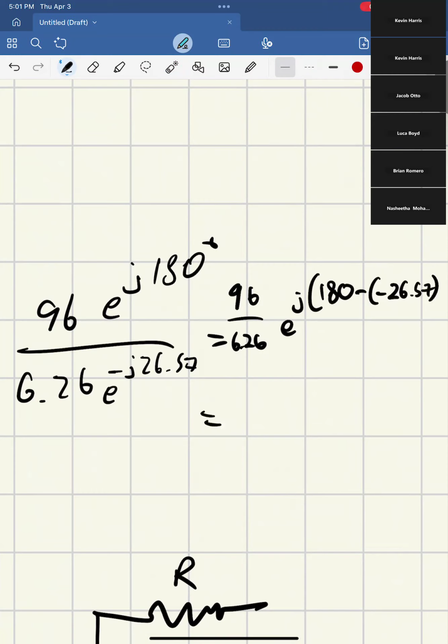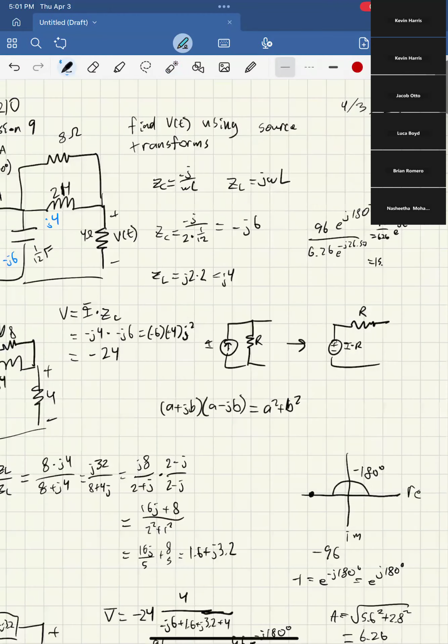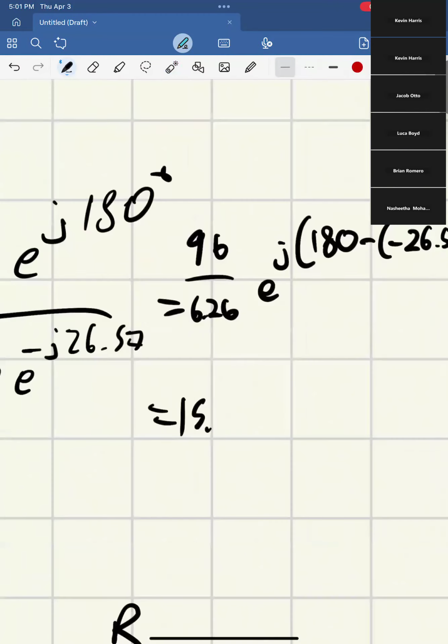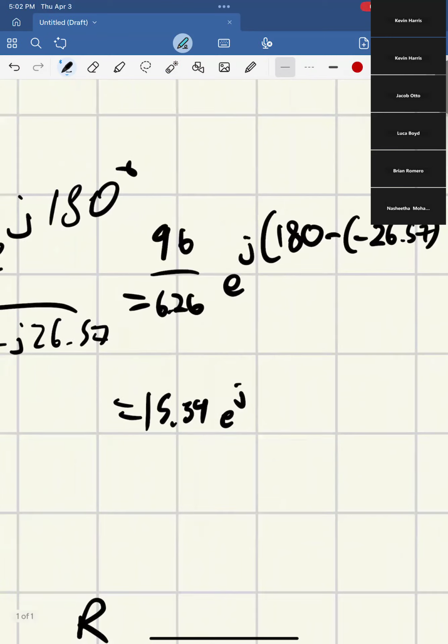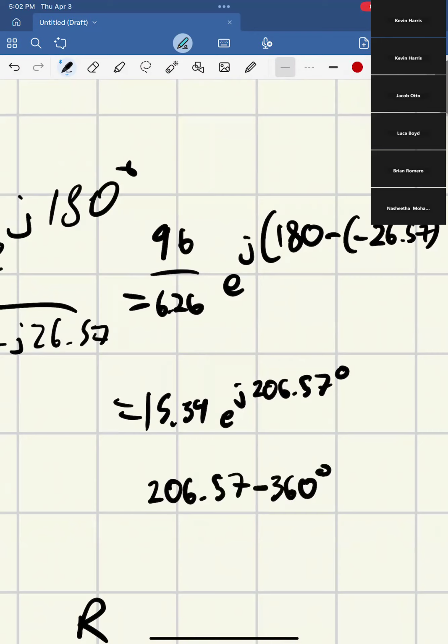And this would become 15.34 e to the j 206.57. But what we usually do in math is if you have a 180-degree or greater angle, we know that 206.57 degrees minus 360 will be the same thing.